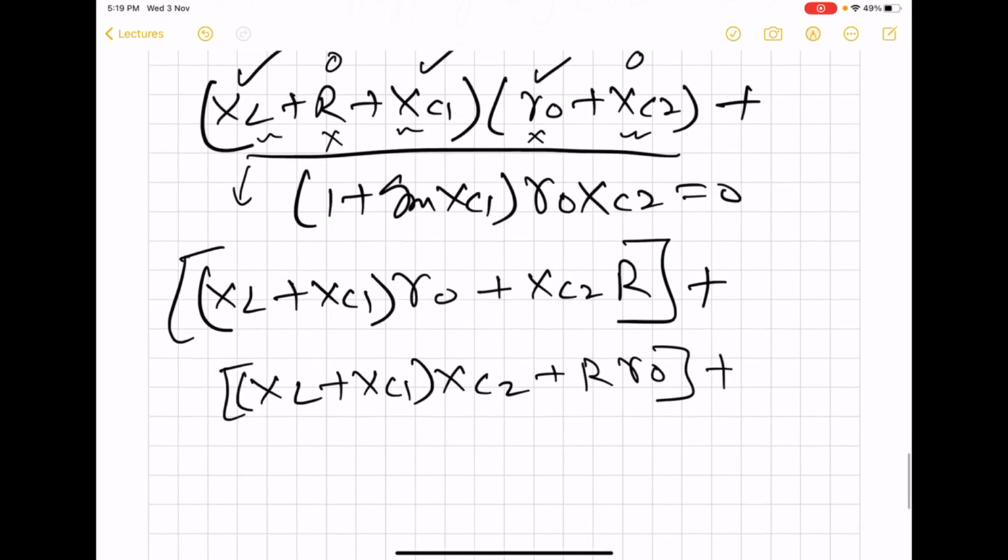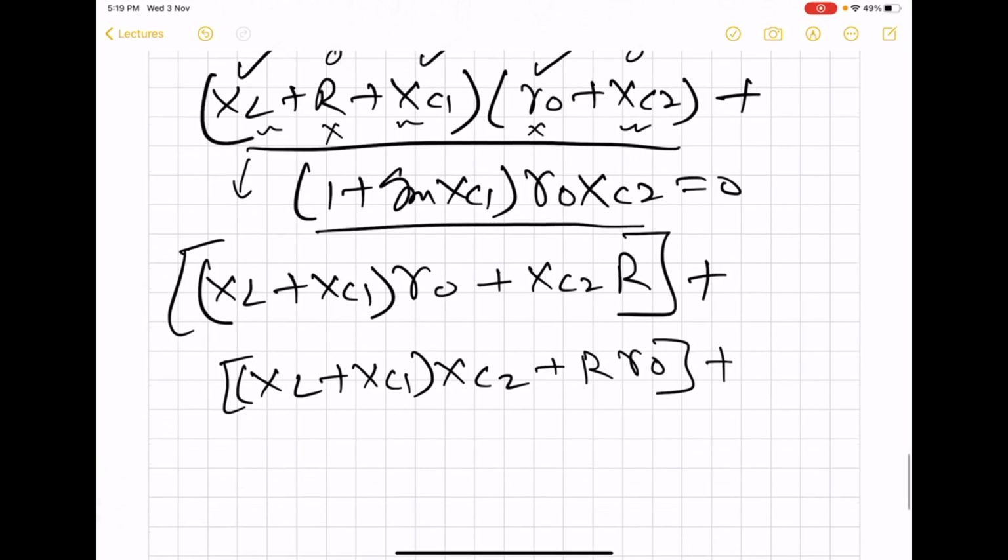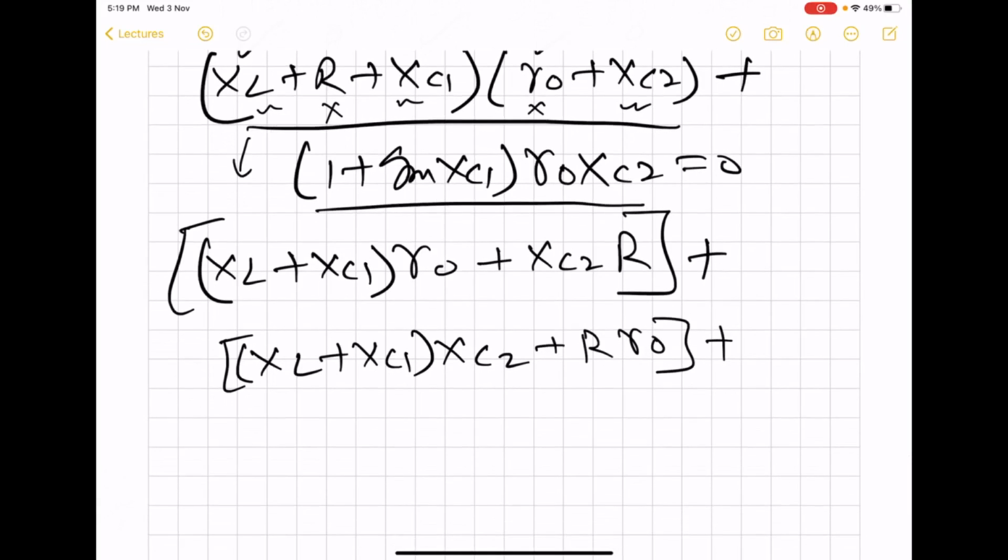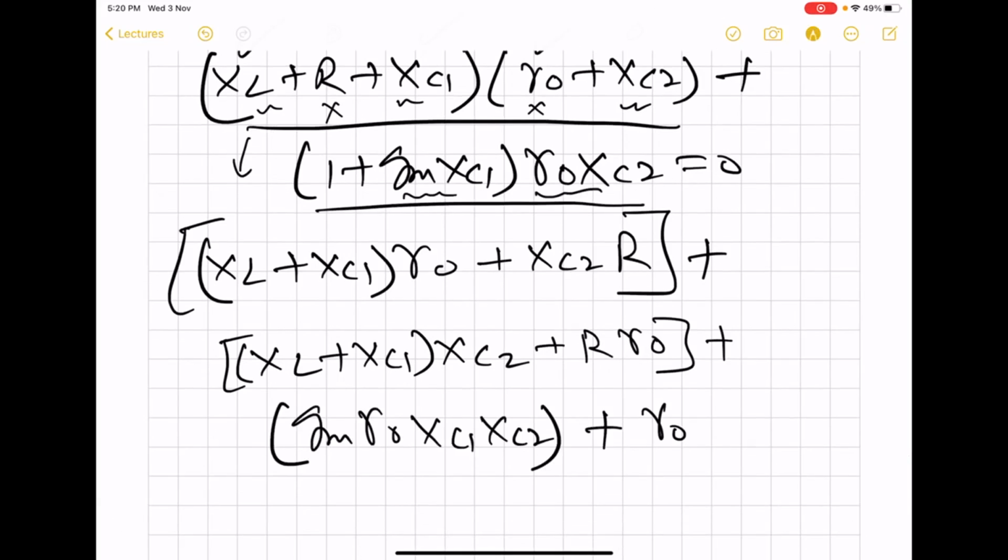And from the second term, we again get real and imaginary parts. So the real part we are going to write first, which is going to be GM R naught. That means this one and the product of this. And the imaginary part is going to be R naught Xc2.